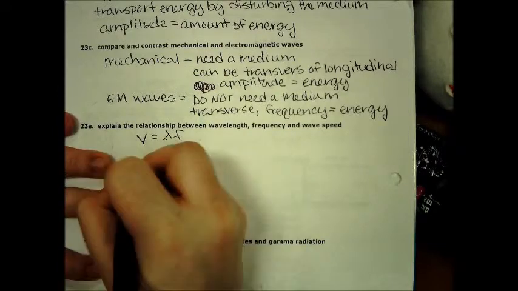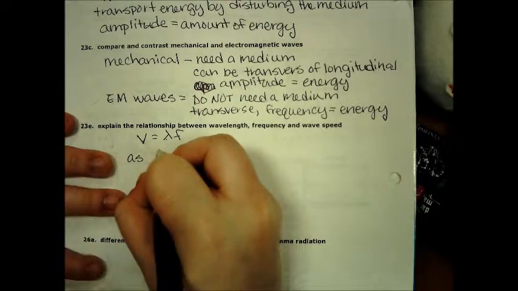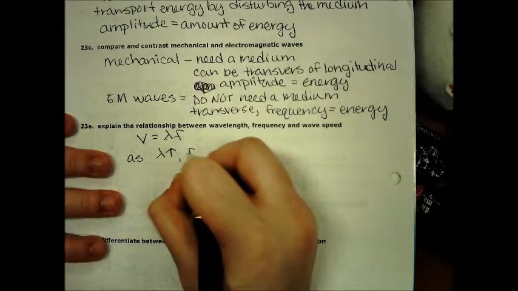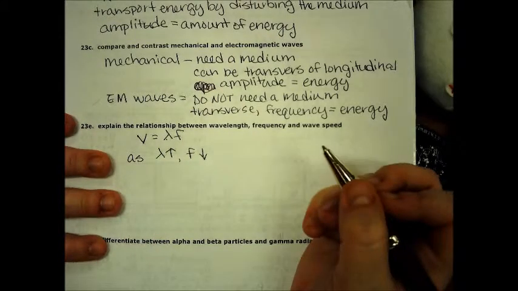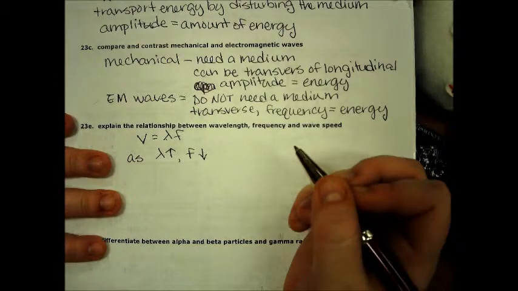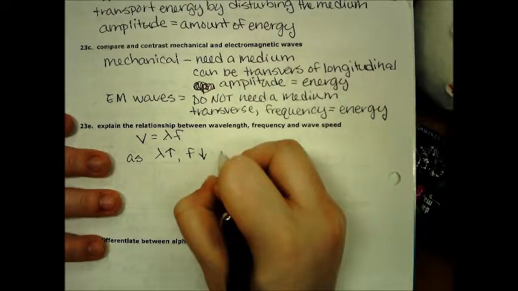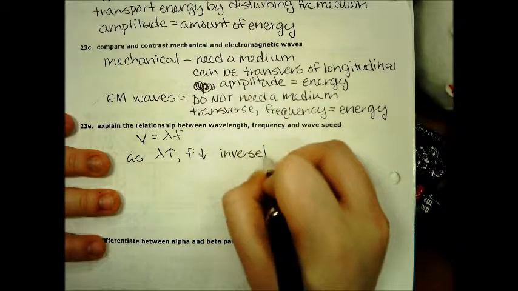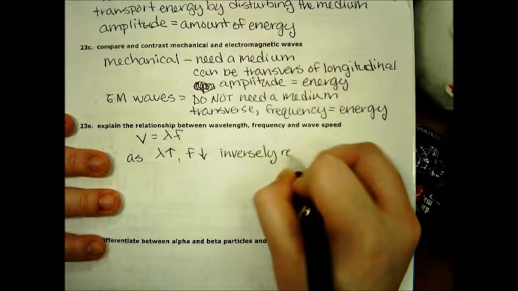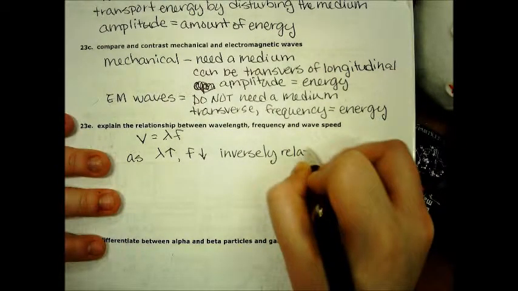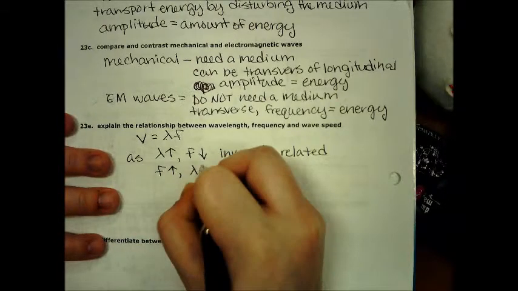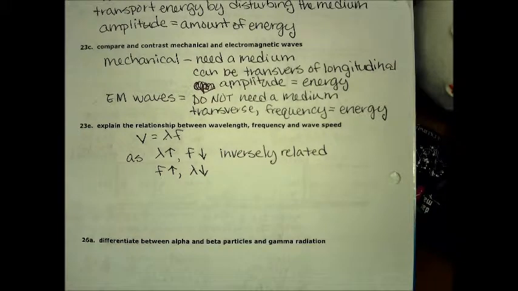So as, say, wavelength goes up, frequency must go down. So they are inversely related. Also, if frequency goes up, then wavelength must go down. So that's that relationship.